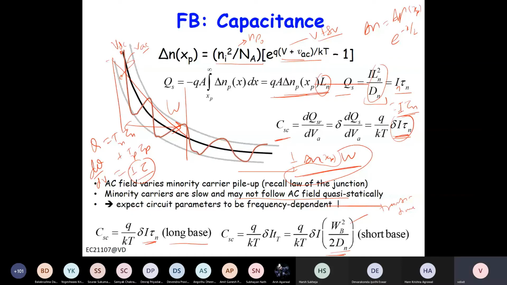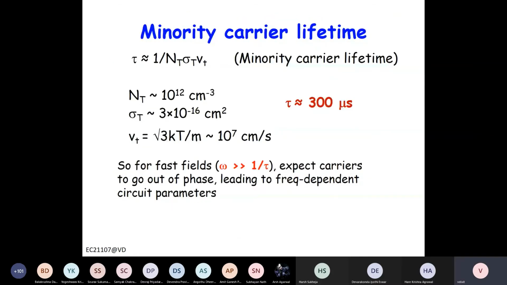In forward bias, they are dependent on frequency. So if you want to estimate the minority carrier lifetime, you can refer to the trap model, the SRH, Shockley-Read-Hall recombination model, where we said that due to the trap level, the carrier lifetime is 1 over NT. NT is the trap concentration.